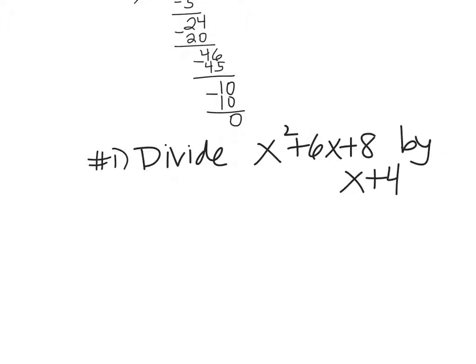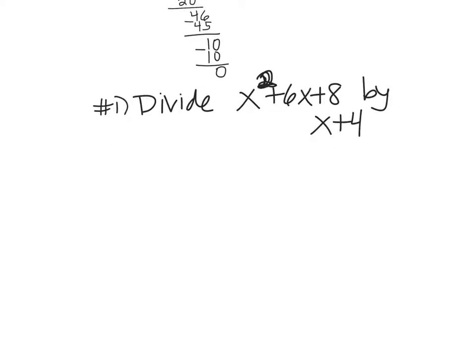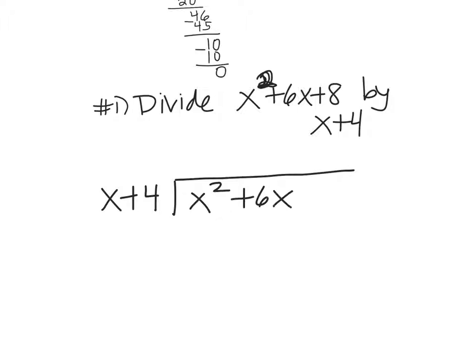We're going to take this polynomial, which is a quadratic, and divide it by this linear polynomial, x plus 4. We're going to do this by long division. I'm going to teach you 2 ways today. Long division and then a different way. That's later. So x plus 4, we're going to long divide that into x squared plus 6x plus 8.